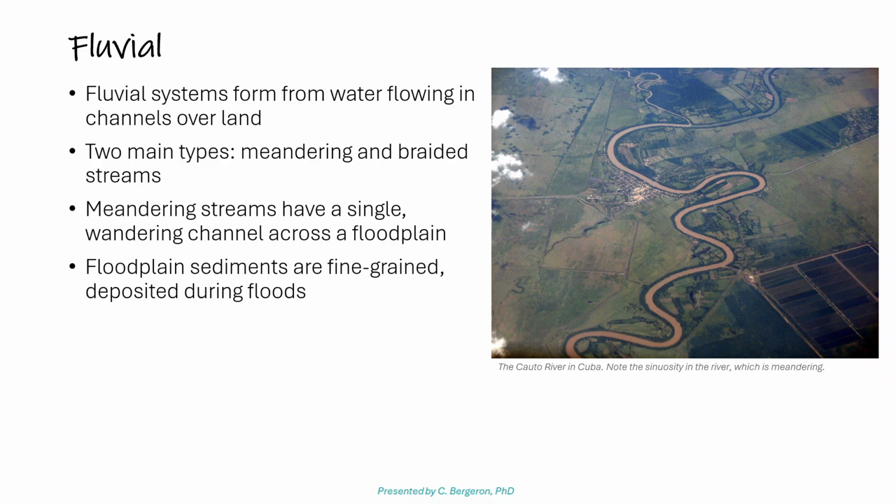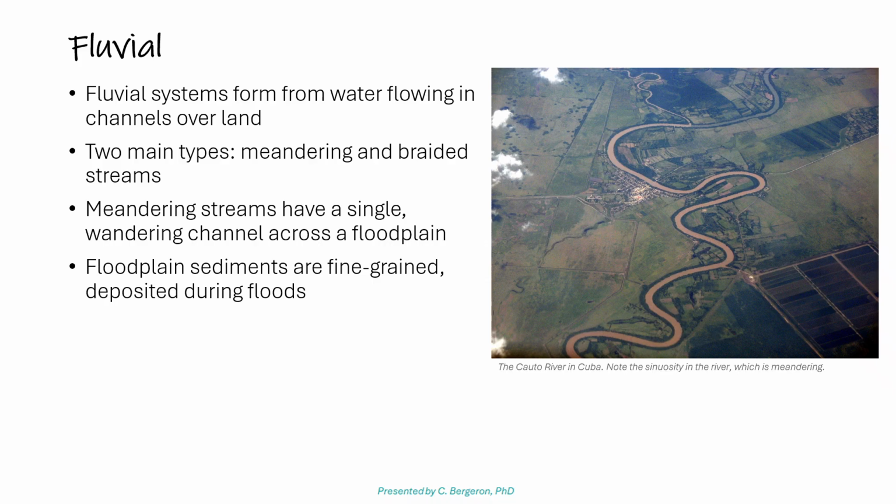Then you have the braided fluvial systems, and braided fluvial systems contain coarser sediment grains. Here you almost have a supply problem. You have a lot more sediment that is available to be moved around, but not enough water to move it.